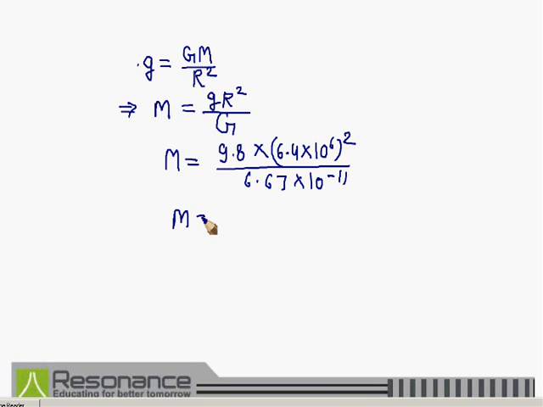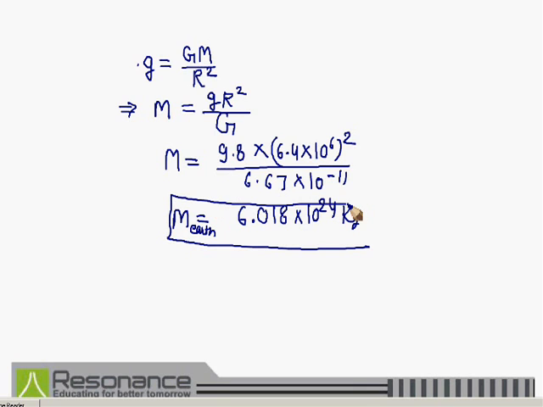By solving this, we get the mass of earth is 6.018 into 10 raised to power 24 kilogram. So, the order of mass of earth is 10 raised to power 24.